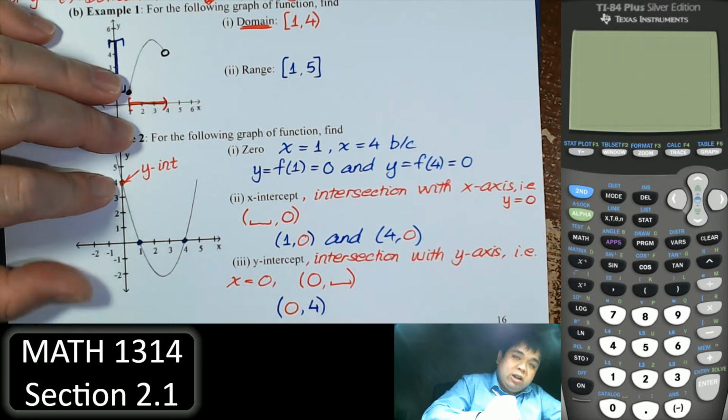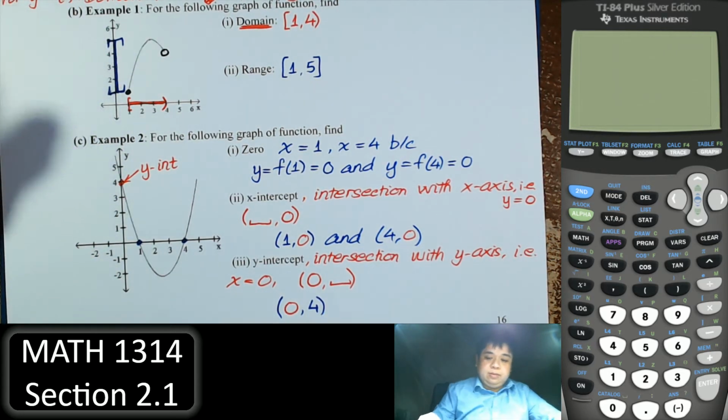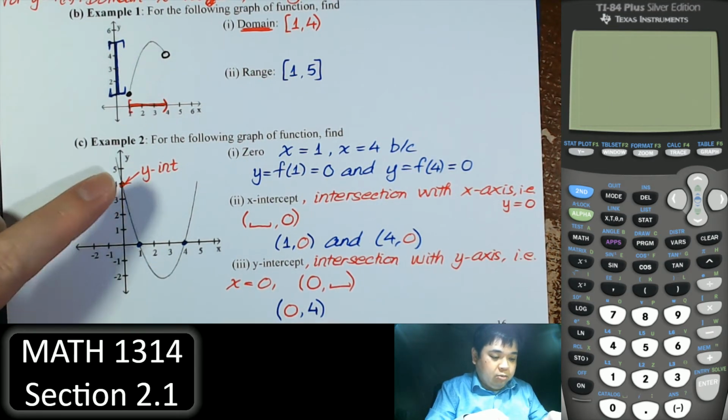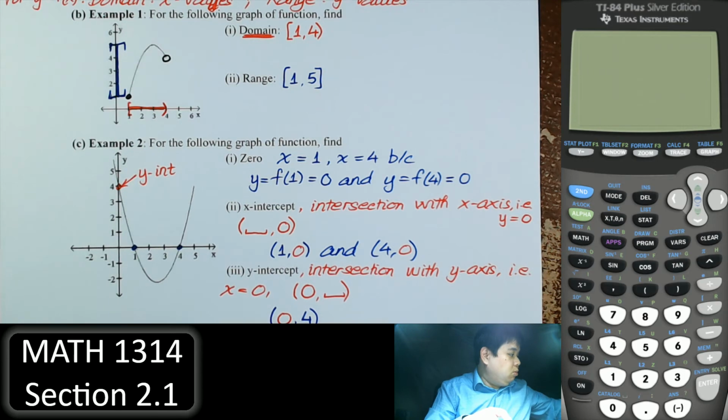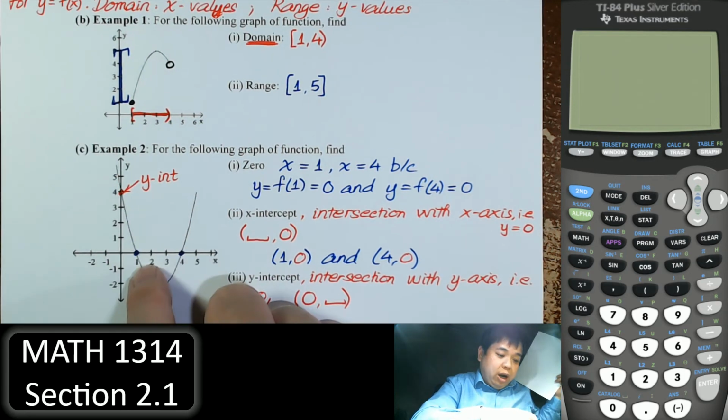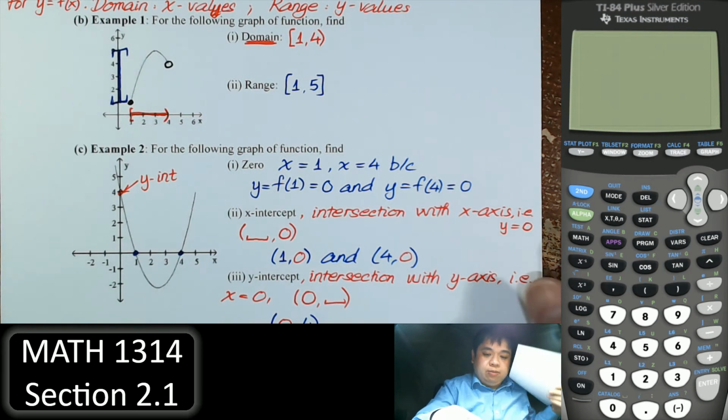And this is the y-intercept. X equal to 0, y can be equal to the y value. That's the intersection of the y-axis and the graph. Right.